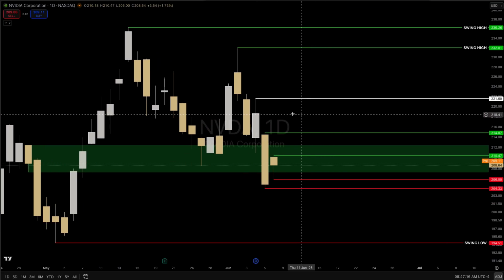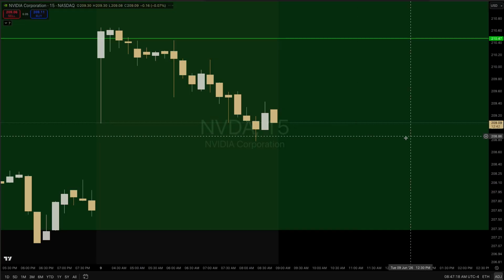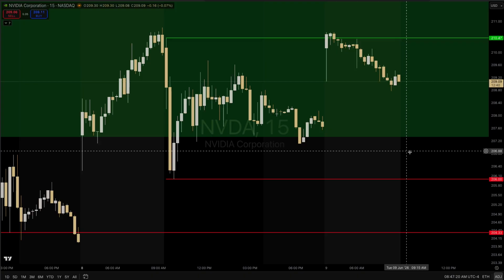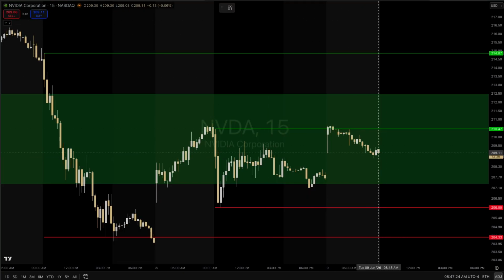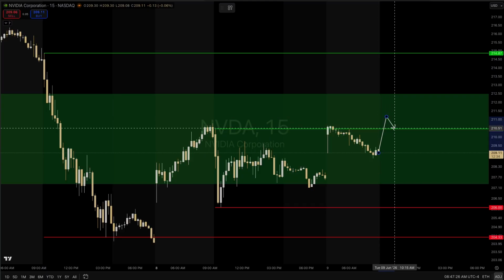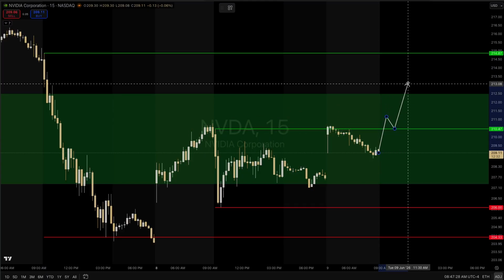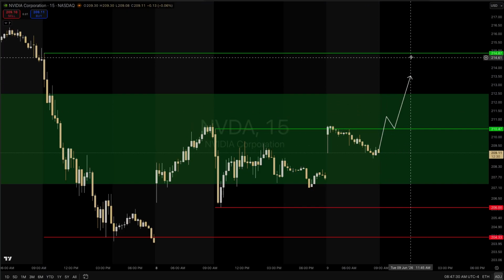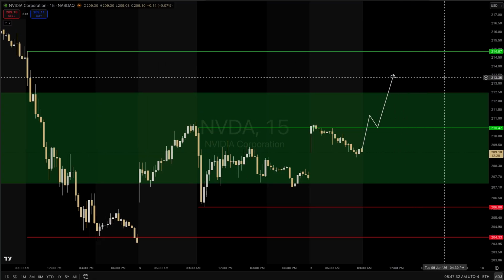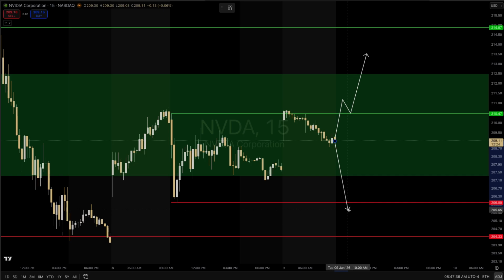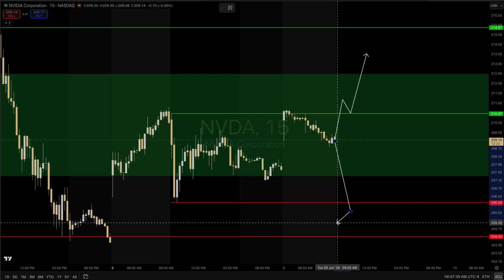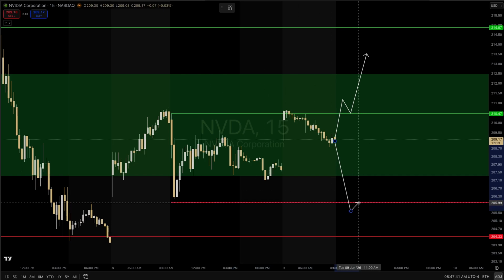So what I want to see for today's price action is NVDA break above this previous day high, come back for the retest, and then look for the continuation towards the upside. Or if it comes down and breaks this previous day low, I want to see it come back for the retest.